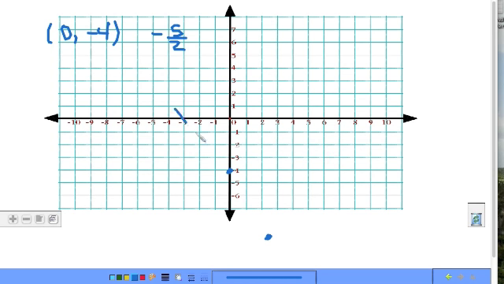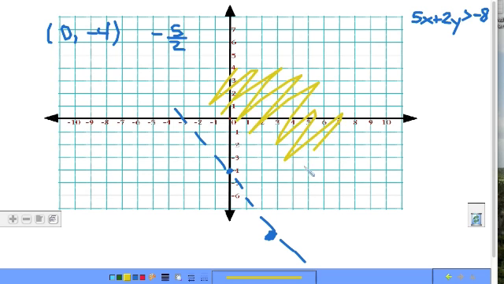So I'm going to make a dashed line. I should have made the marks a little bit bigger. Now, just to remind you, the original problem was 5x plus 2y greater than negative 8. Greater than, so that means the shading is going to go above, just like so. All right, I hope this helps a little bit.